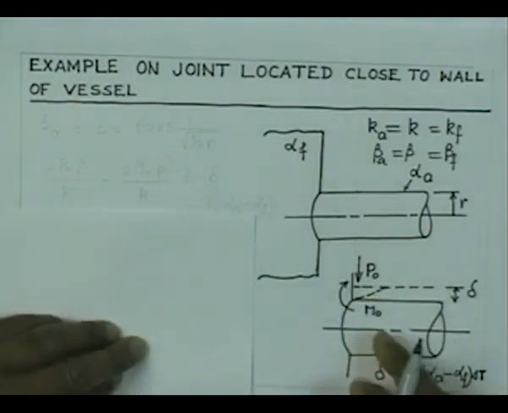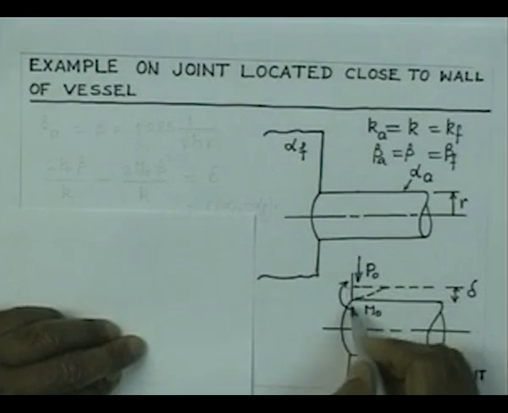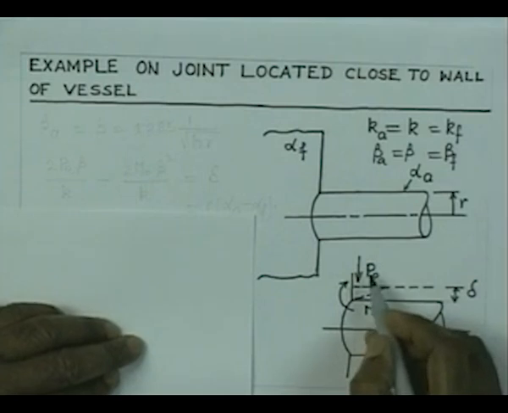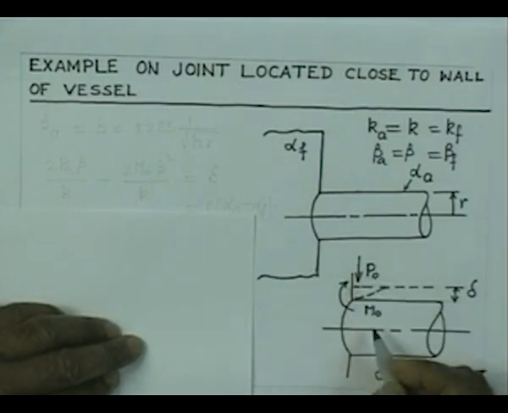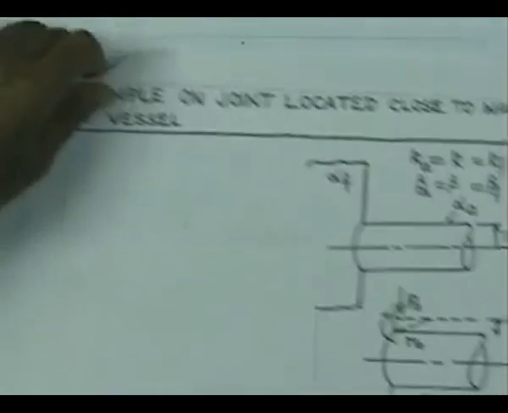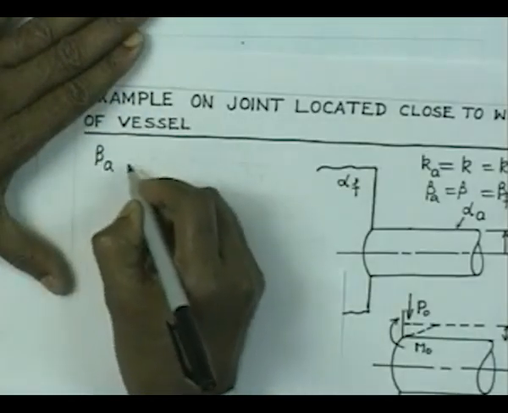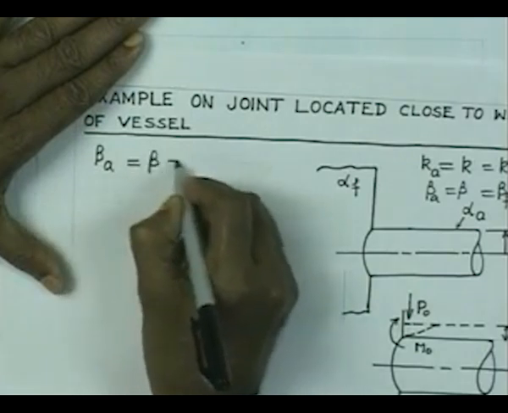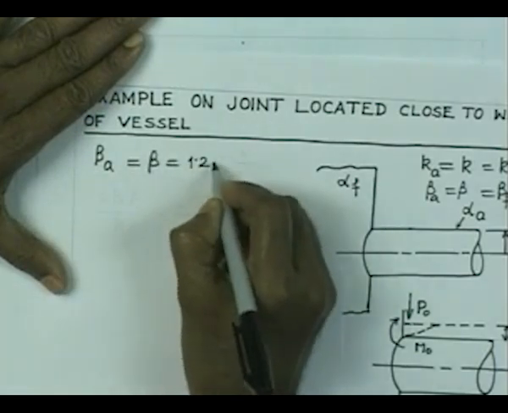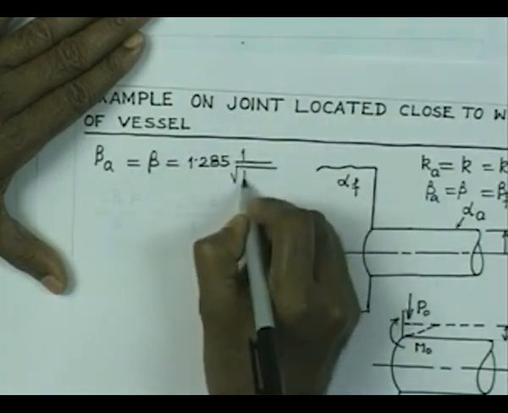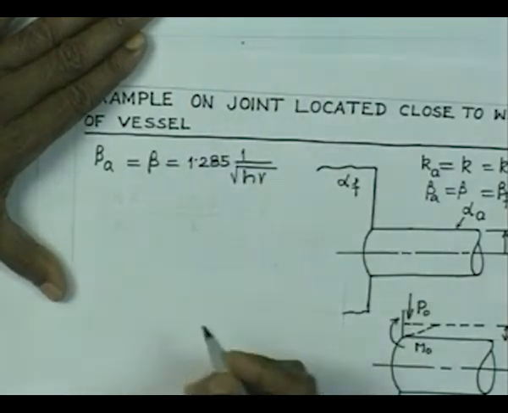So, the pipe junction with the main vessel is going to take a shape like this, and hence there will be forces now P0, M0 which are going to be different from the earlier case. So, let us try to get this done. So, beta A is equal to beta, and that is again equal to 1.285 root over HR.